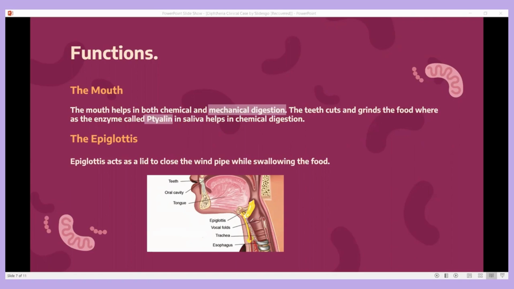The food that we are eating should enter the esophagus, and this is well maintained by the epiglottis. While we are swallowing the food, the epiglottis closes the windpipe, giving entrance to the food to the esophagus. So this is the main function of the epiglottis, and it is a really important function in the digestive system.